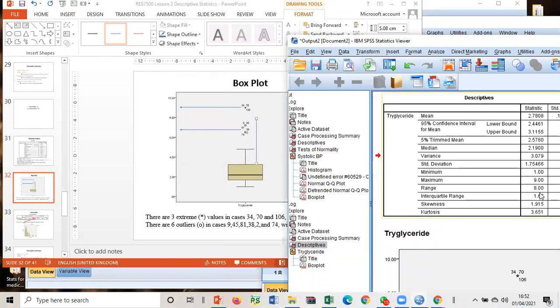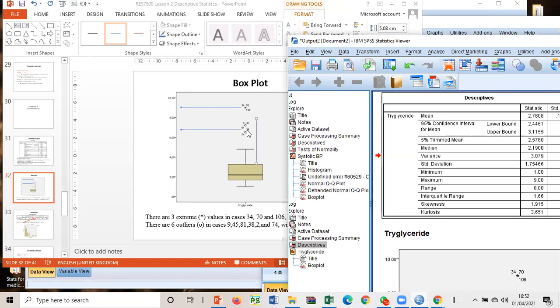1.5 box length, 1.5 times this value, how much? For the extreme value it is times 3. An outlier is 1.5.